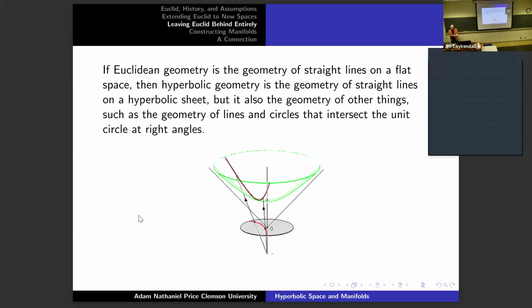If this campus is a hyperbolic sheet going up away from a particular point, then the paths on it are hyperbolic lines. That's going to follow hyperbolic rules. It's also the geometry of other things, such as the geometry of lines and circles that intersect the unit circle at right angles. I want to draw a picture of this one too. This is called the Poincaré disk model, and I love it.